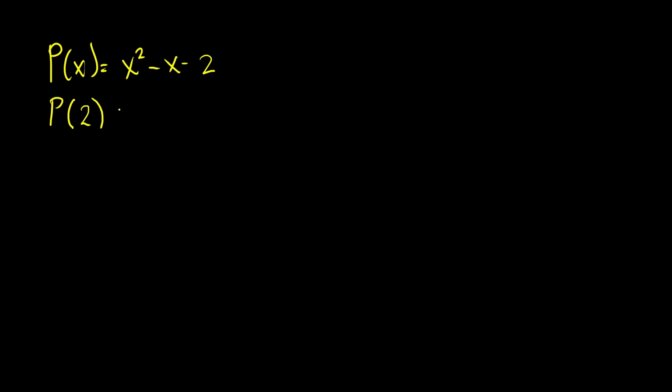So p of 2 equals 2 squared minus 2 minus 2. 2 raised to 2, 2 times 2 is 4, minus 2 minus 2, and obviously 4 minus 2 minus 2 is 0.